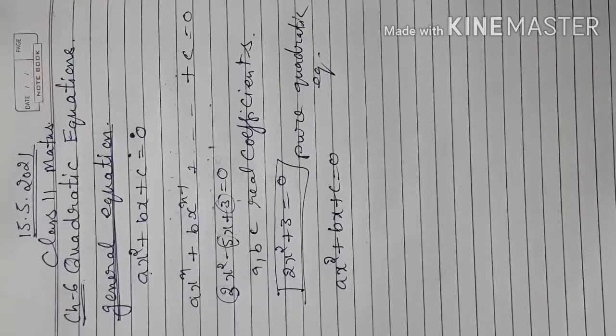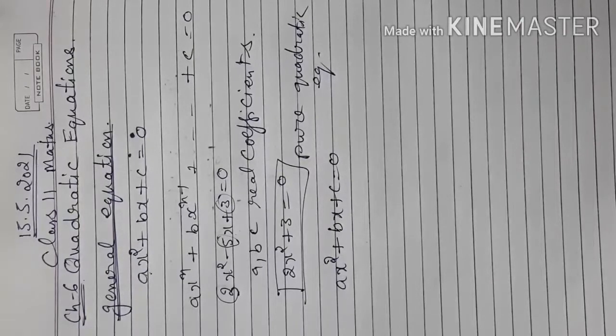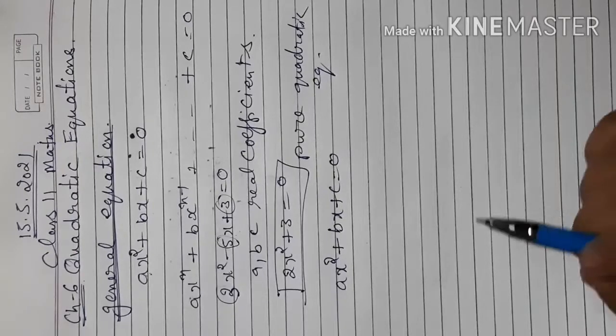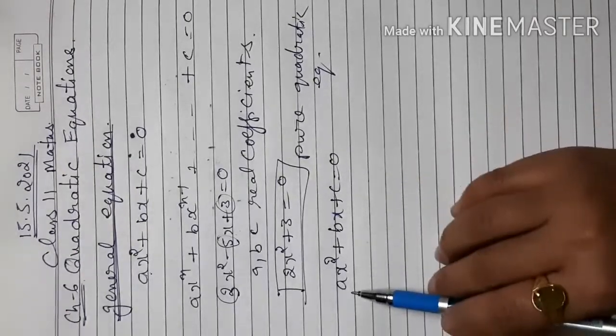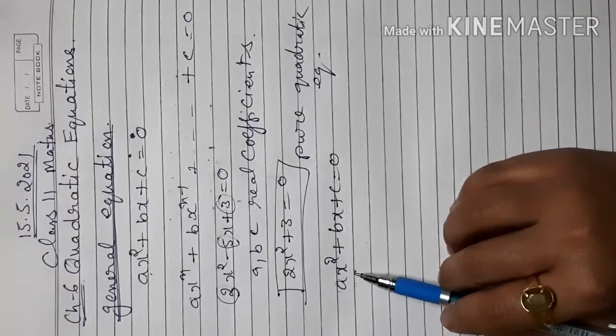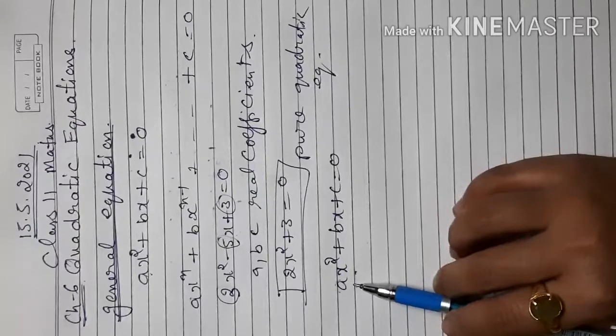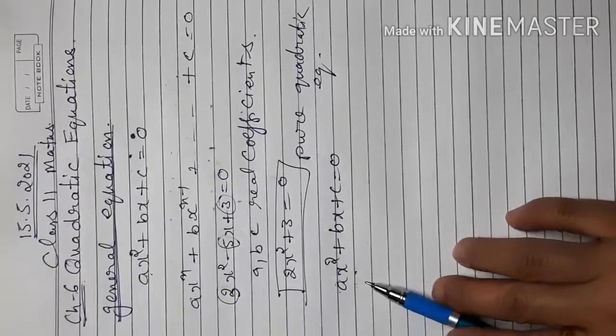So how can I find the value of x without using the formula, that is, by the perfect square method? There is a very first step in the perfect square method. There should not be any term multiplied with x square except 1. Okay, so that means you have to remove a from there. That is your first target.